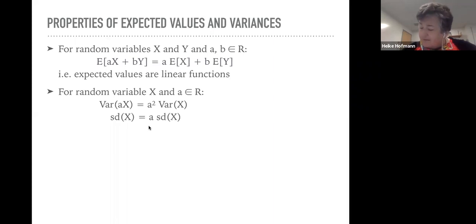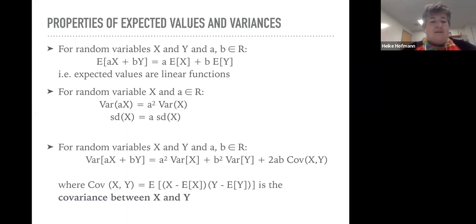The problem is we can't fix things when we have summations involved. So the variance of AX plus BY is equal to the sum of the squared scalars times the variances. So A squared variance of X plus B squared variance of Y, plus essentially what boils down to a mixed term.